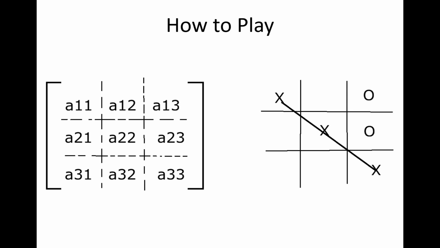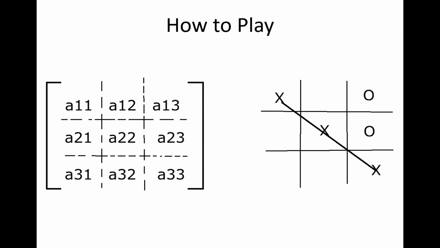Basically we will be dividing each of the spaces in which we will be putting those noughts and crosses into an element of a matrix. Consider it as a 3 cross 3 matrix, 3 rows, 3 columns, and each of them is defined as a11, a12, a13, for our basic logic calculation, so that it becomes easy for us to implement the if else conditions and the switch case which we will be applying in the C++ program.